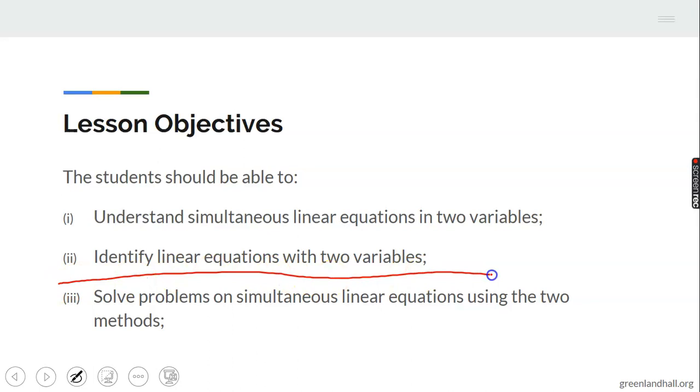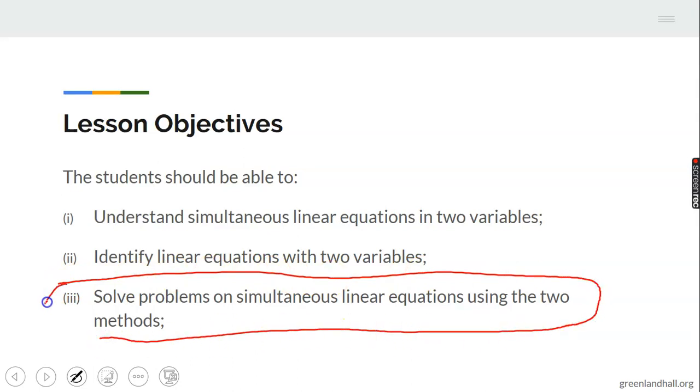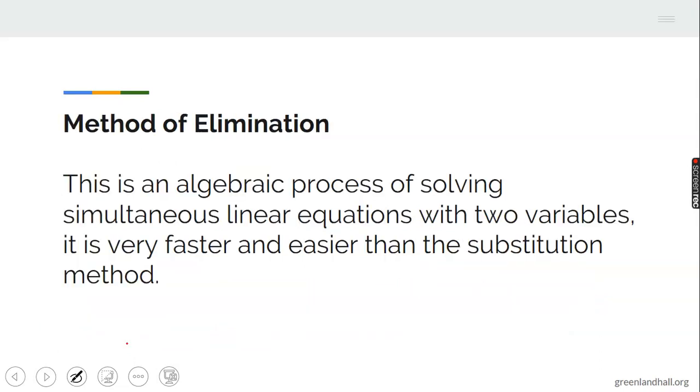We discussed method 1 in the first class. That was on Monday. Now, we're discussing method 2 in detail. Method of elimination. That is what we'll be looking at this morning. This is lesson 2.